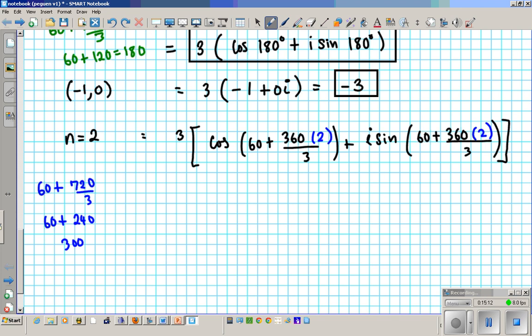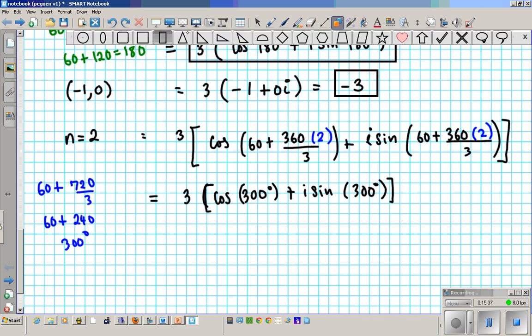That's 300 degrees. So my answer in polar form is going to be 3 times cosine 300 degrees plus i sine 300 degrees, for your polar form.